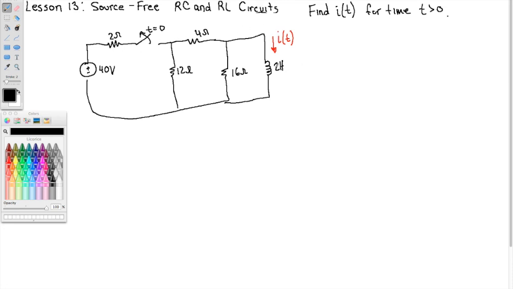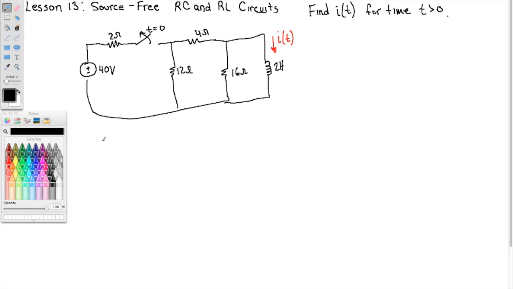It cannot happen instantaneously. Now the first thing we have to do is find how much current was traveling through this inductor before the switch. In other words, what is the initial value of that current once it starts to dissipate?